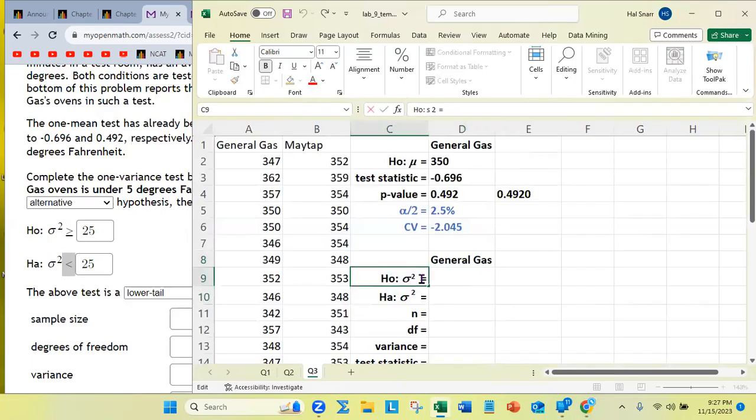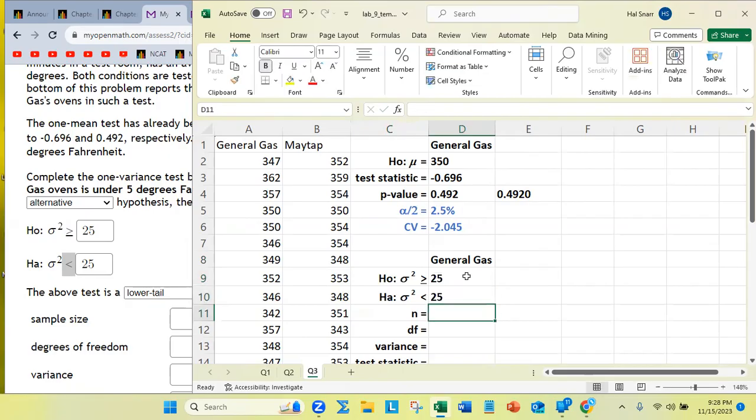And we got to change this to greater than or equal to. So I'm going to type the greater than symbol. I'll do Control U for underline. And then the alternative hypothesis is less than, right? And this is the 5 squared, which is also 25, right?